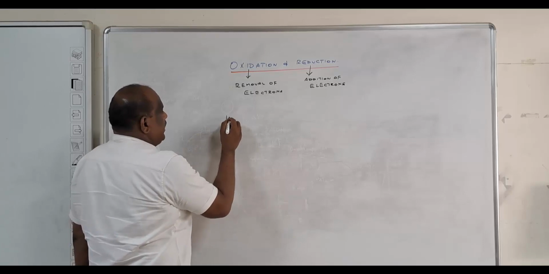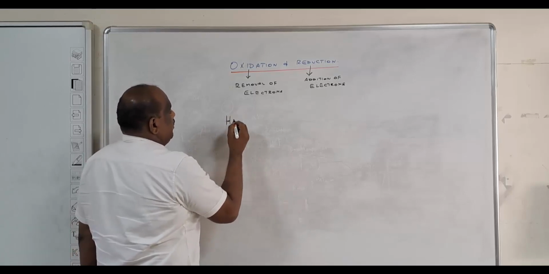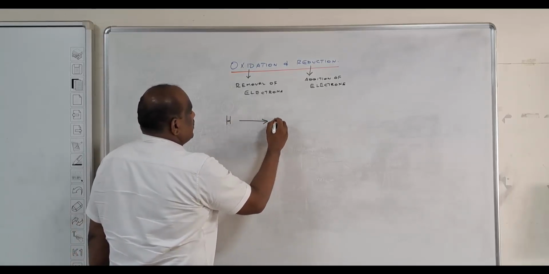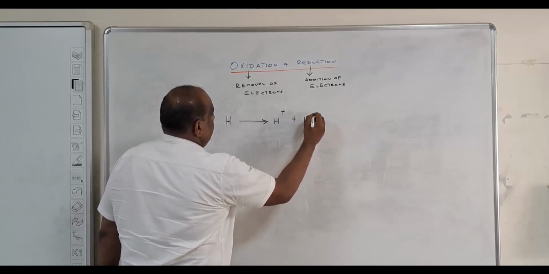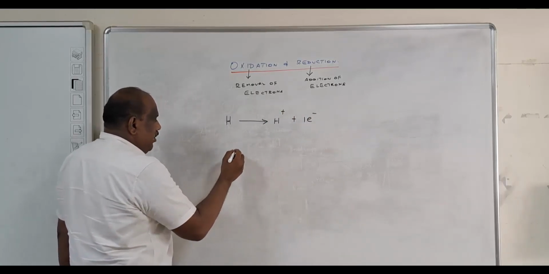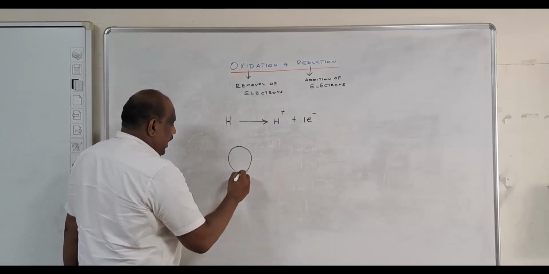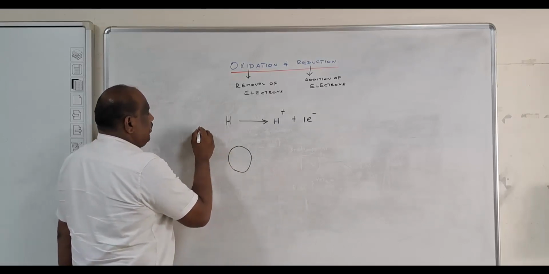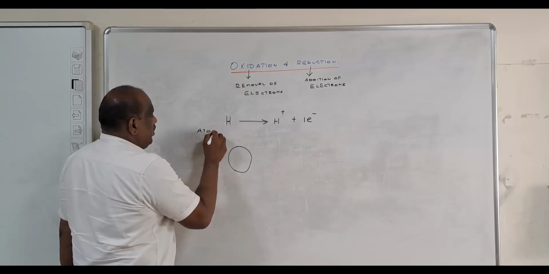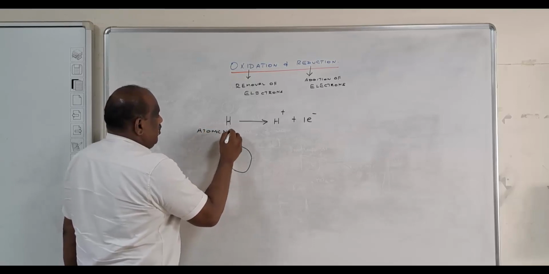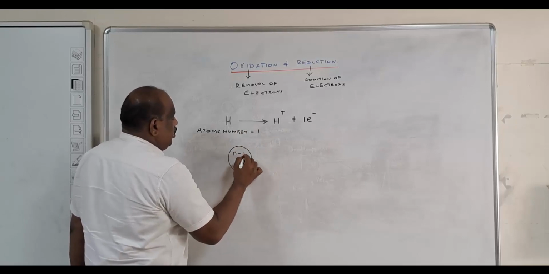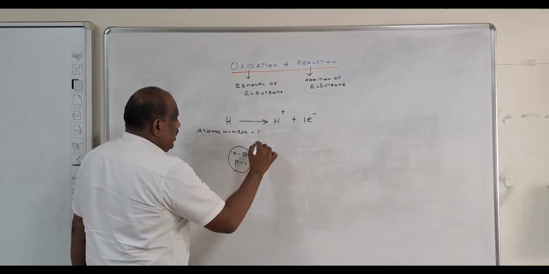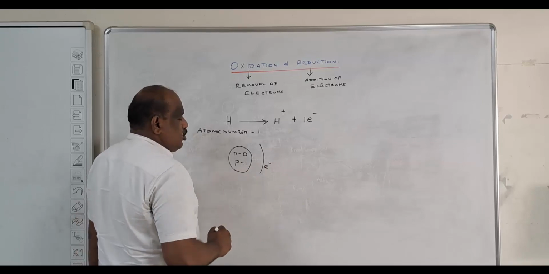Let us check the hydrogen atom. This hydrogen atom gives H plus plus 1 electron, because we have already discussed that hydrogen's atomic number is 1, which means it contains no neutrons, 1 proton and 1 electron in the outermost shell.